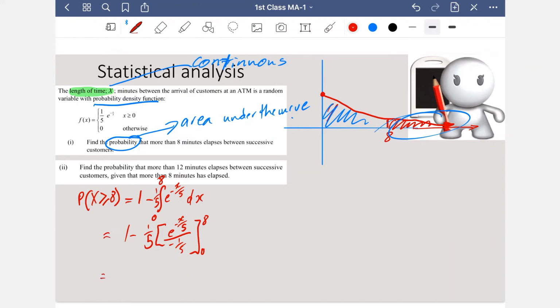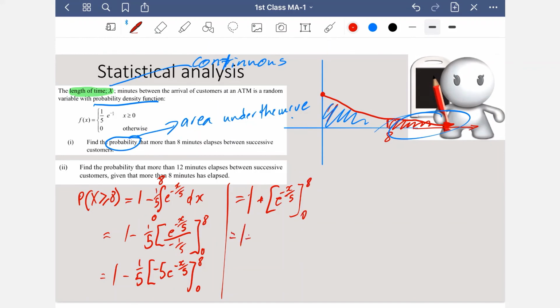So that's going to give us 1 minus a fifth outside, 1 divided by negative a fifth is negative 5, e to the power of negative x on 5 from 8 to 0, which will give us 1 minus, now negative a fifth multiplied by negative 5, well, that's going to give us plus 1, so plus e to the power of negative x on 5 from 0 to 8.